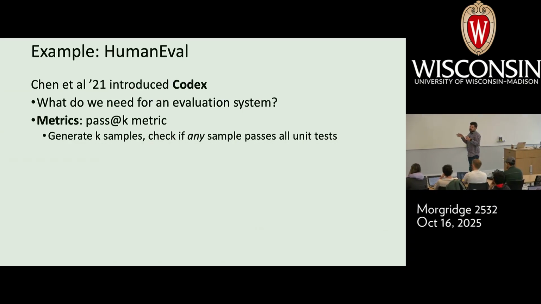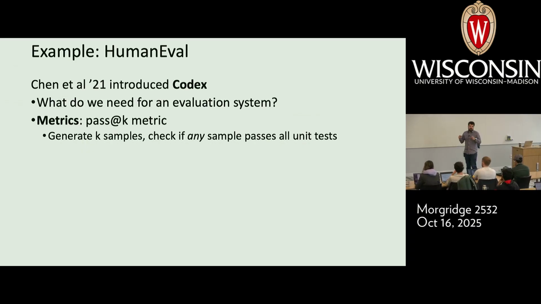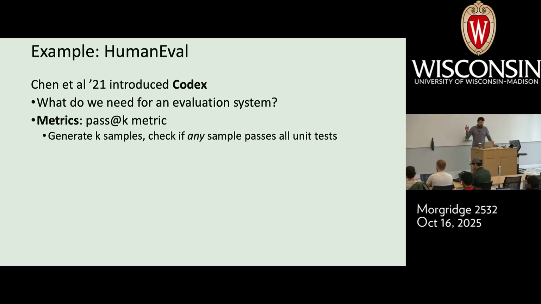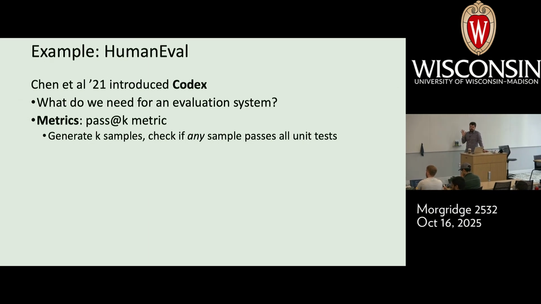Now, suppose my model is not super good, but still 10% of the time it'll provide the right solution for a problem. That's actually still very interesting to know about. But if I only ever ask it once, things are not nearly as interesting. It'll often just get it wrong. So pass@k says k samples, does anything pass from those k? If so, then you pass that problem.